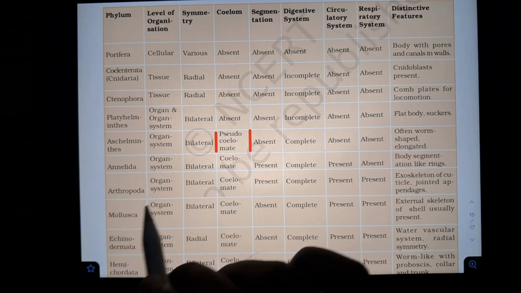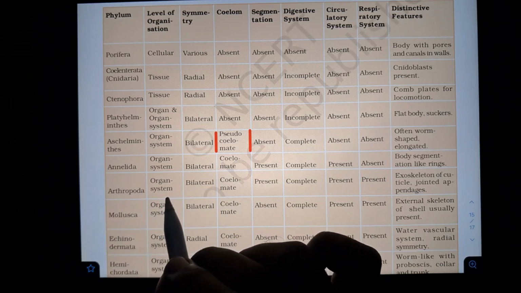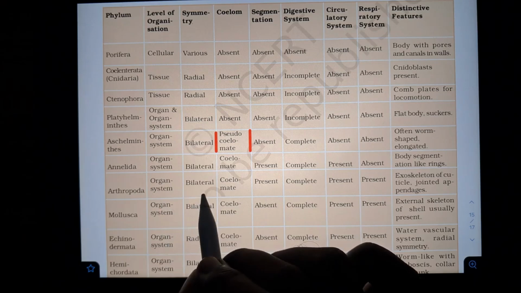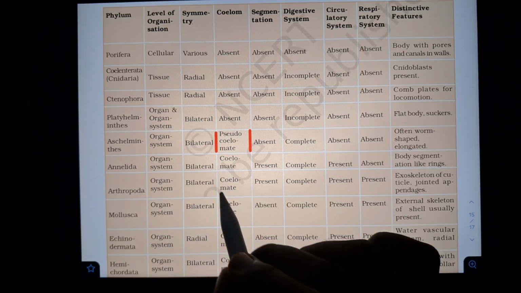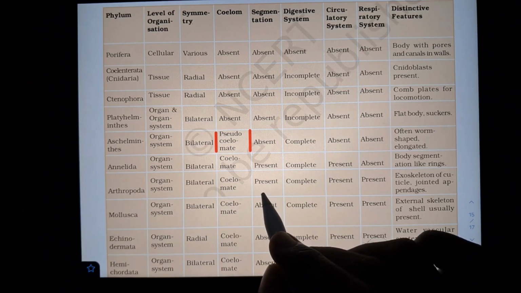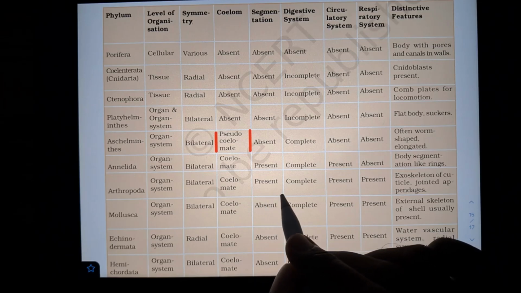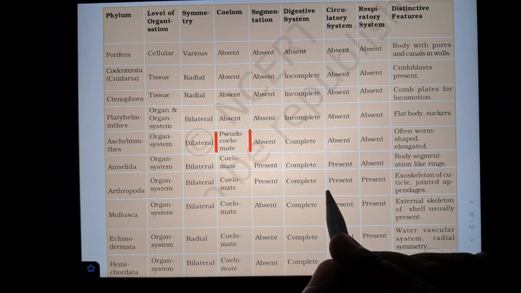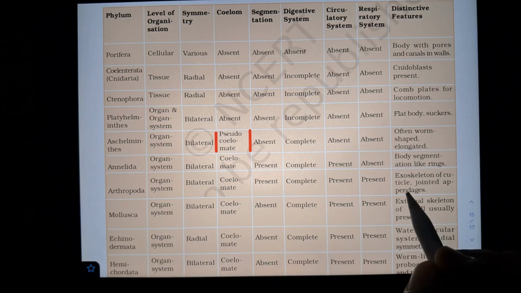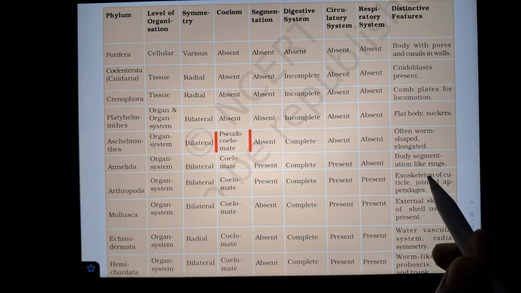Next, Arthropoda: organ system level, bilateral symmetry, coelomate organism, segmentation present, complete digestive system, and circulatory and respiratory systems present. Exoskeleton of cuticle and jointed appendages are the distinguishing features of arthropods.